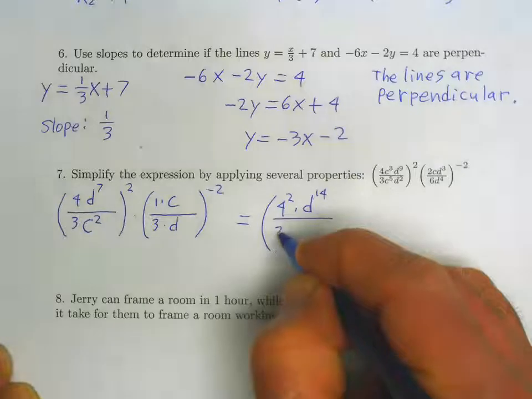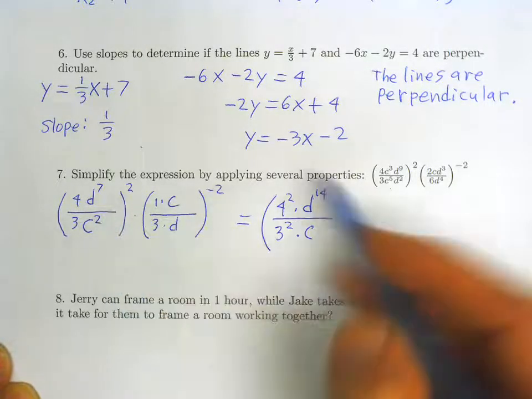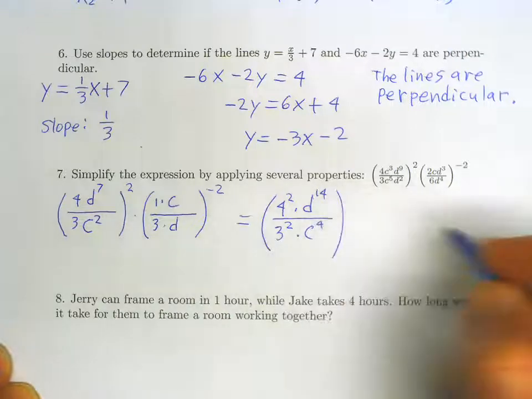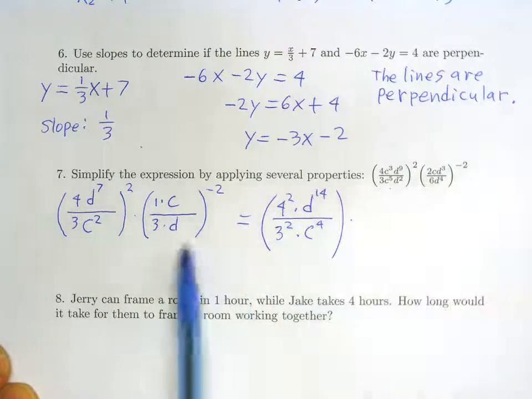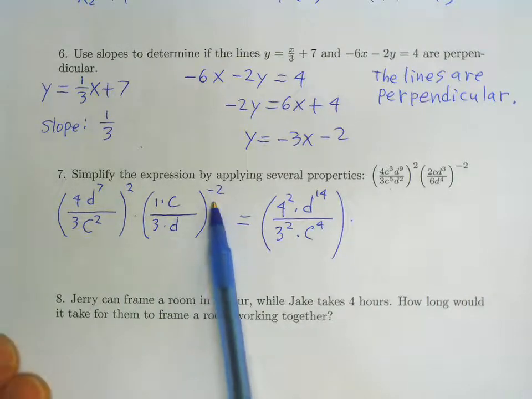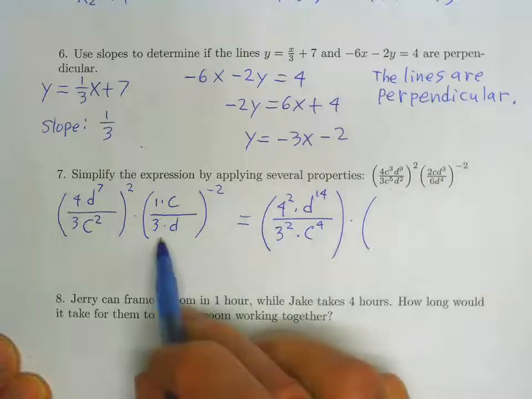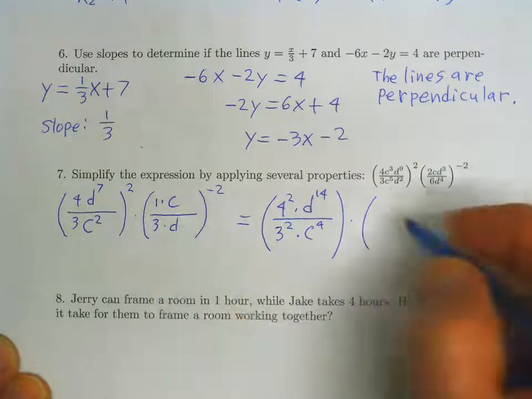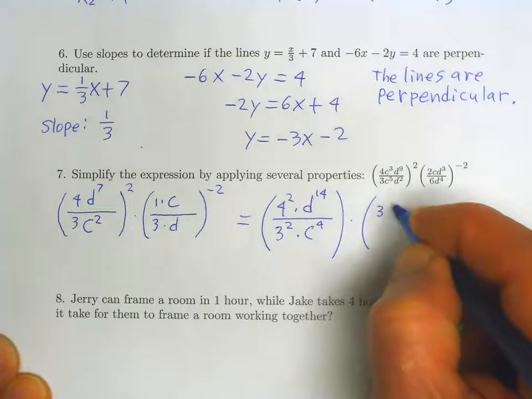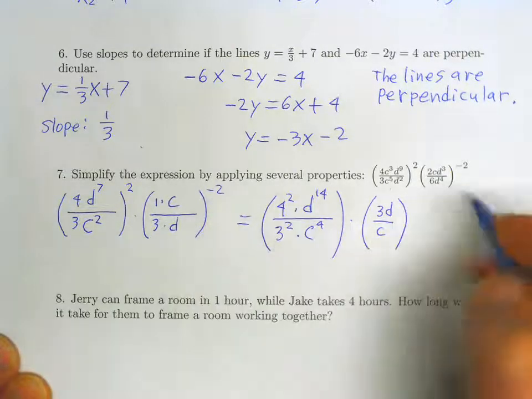So it's going to be 3 to the second times c to the 4th, because 2 times 2 is 4. Okay, the next step over here, since this has an outer exponent of negative 2, what we can do is write the reciprocal of the fraction. In other words, 3d over c, and change this outer exponent to positive 2.